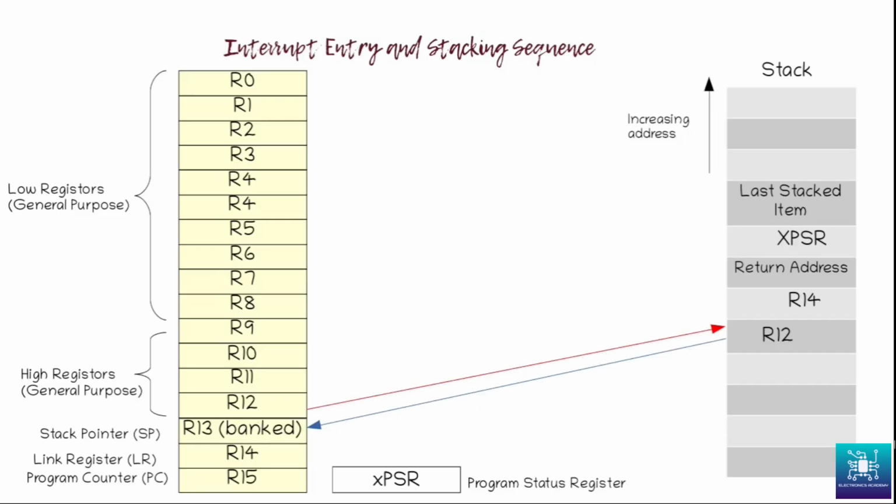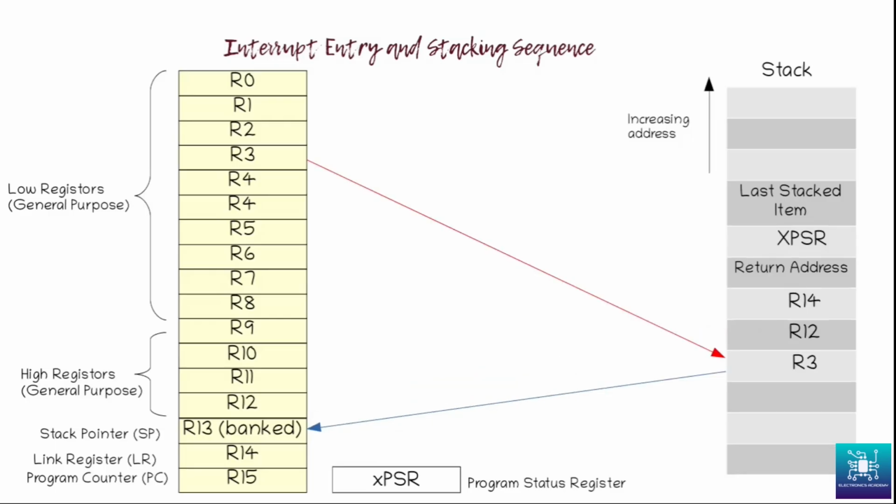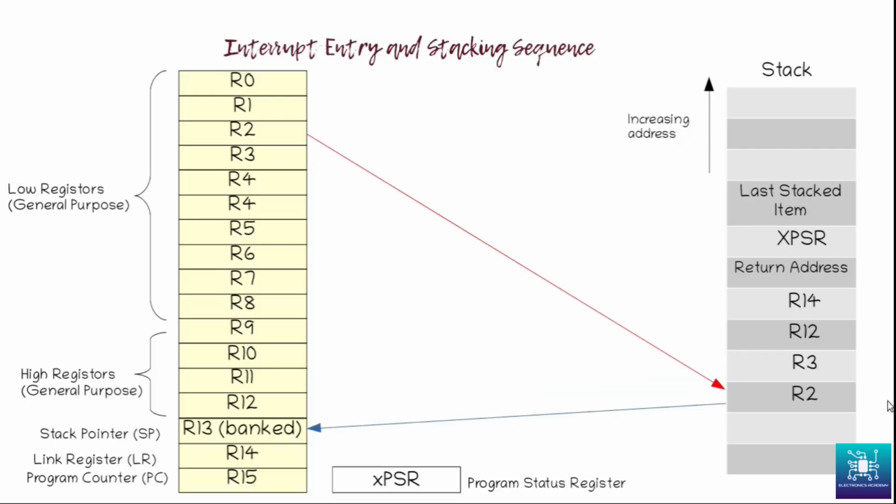Then R12 is saved, following the AAPCS standard. The stack pointer points to the region where you have R12. Then R3 is saved. R3 is copied over here and the stack pointer points to this location. Then R2 is saved, with the stack pointer pointing to where R2 is.